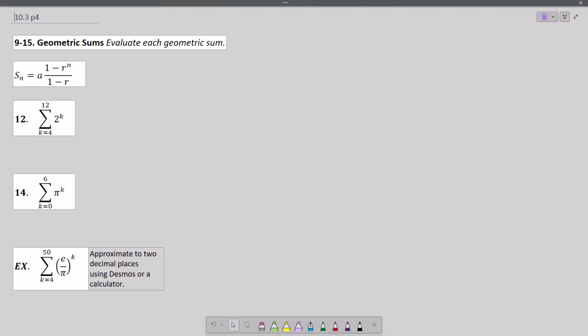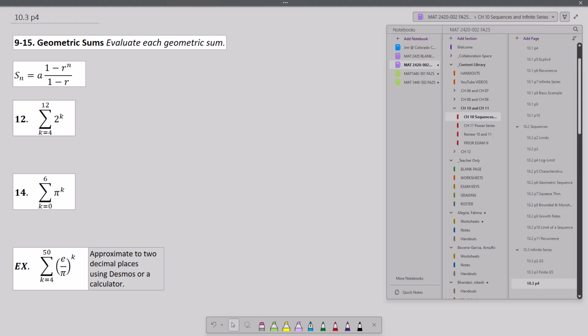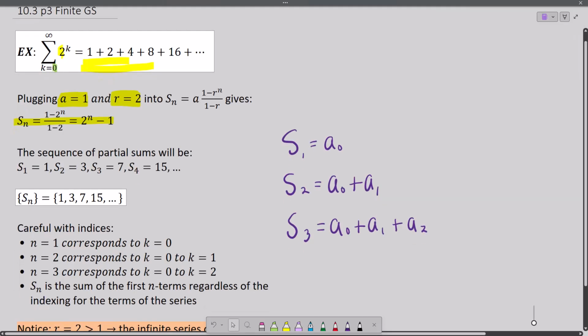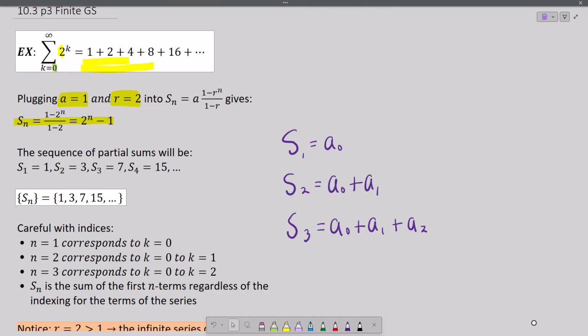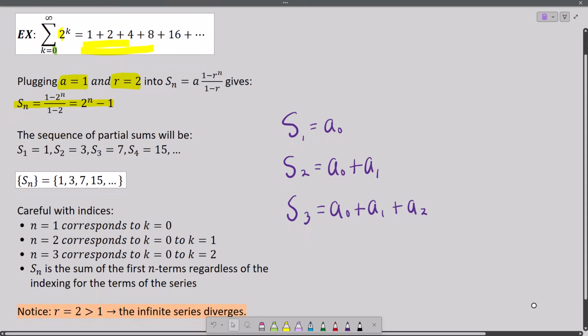Yeah, Sebastian. On the previous one, when you plug the A and the R into the equation for S of n, wouldn't it be negative 2 to the n plus 1? Say that once again, plugging into here. I'm just confused how you got to the 2 to the n minus 1. What is 1 minus 2?